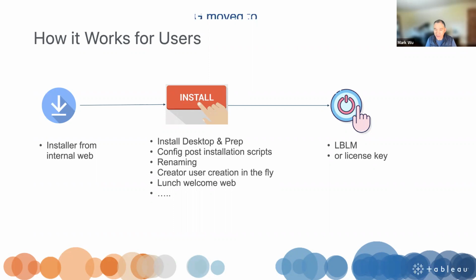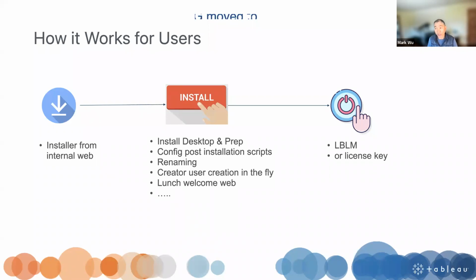After that, they just click install. In my case, it's one package, one click, which installs both Desktop and Prep. After that, the installer does quite a few configurations as post-installation scripts.